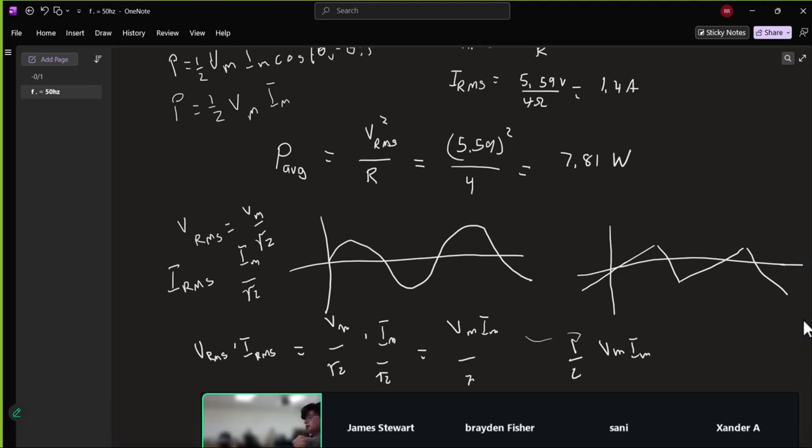So when you look at all your power formulas, sometimes it seems like there's a half and sometimes there's not. If the 1/2 is not there, it's because you're dealing with RMS, and if it is there, it's because you're dealing with max values.